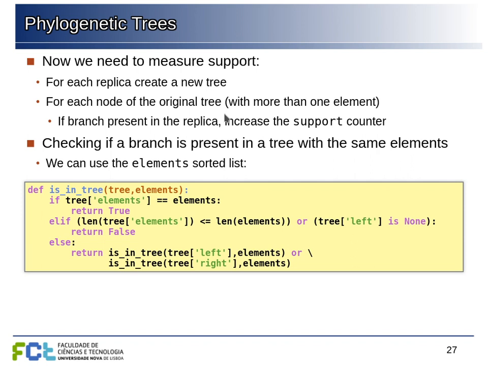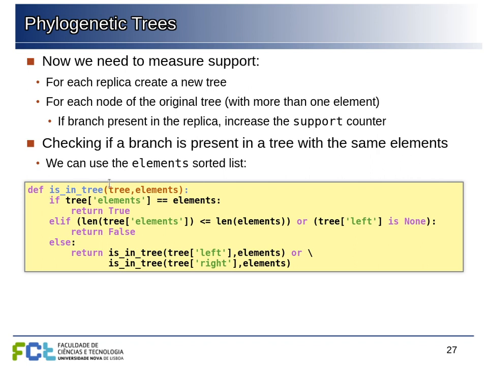So in order to check if a branch is present in a tree, we're going to need to use a recursive function because each node of the tree has this left and right subtree, and we need to follow them both to seek for the right node.